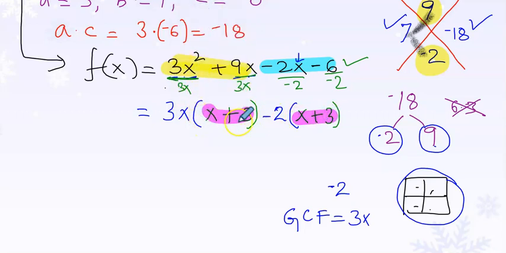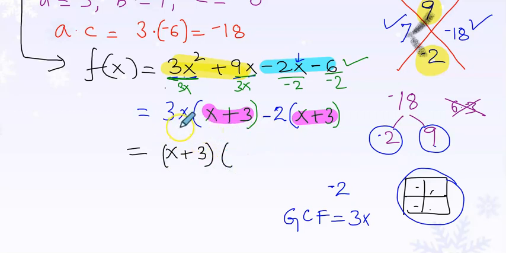So, can I take that x plus 3 out as a common factor? See, when you read this, you read it like this: 3x times x plus 3 minus 2 times x plus 3. So, that x plus 3 is a greatest common factor between those two, in fact. So, I will take that as a common factor outside.